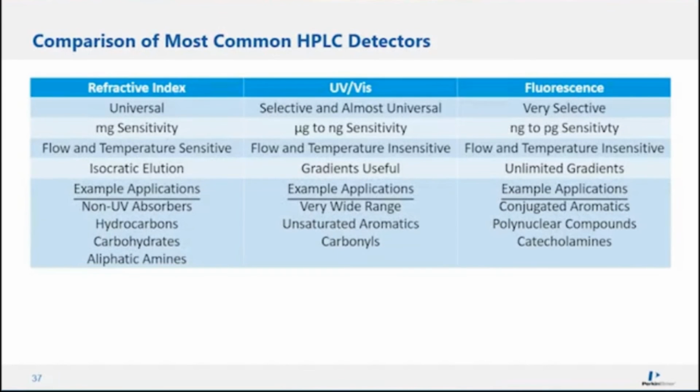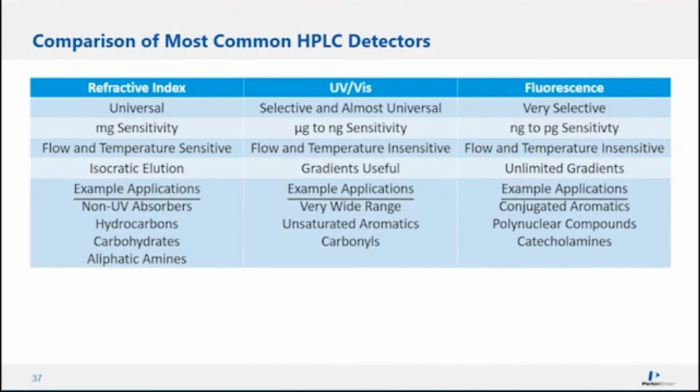To begin to wrap up, the most common detectors are listed here with some of the major key points to remember. The three that we really want to take away from this presentation are the refractive index detector, UV-Vis, and fluorescence. Remember that refractive index is a universal detector that can give us approximately milligram sensitivity for our sample concentrations.